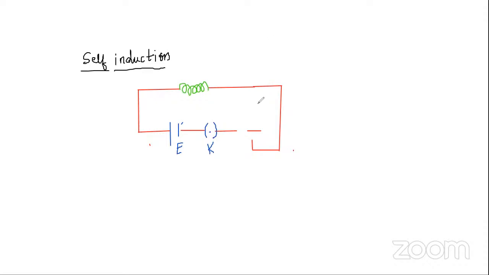And what is a rheostat? That is used to change the value of current. That is called a rheostat. The circuit is like this, and due to the EMF you will be getting a current flowing through this direction.